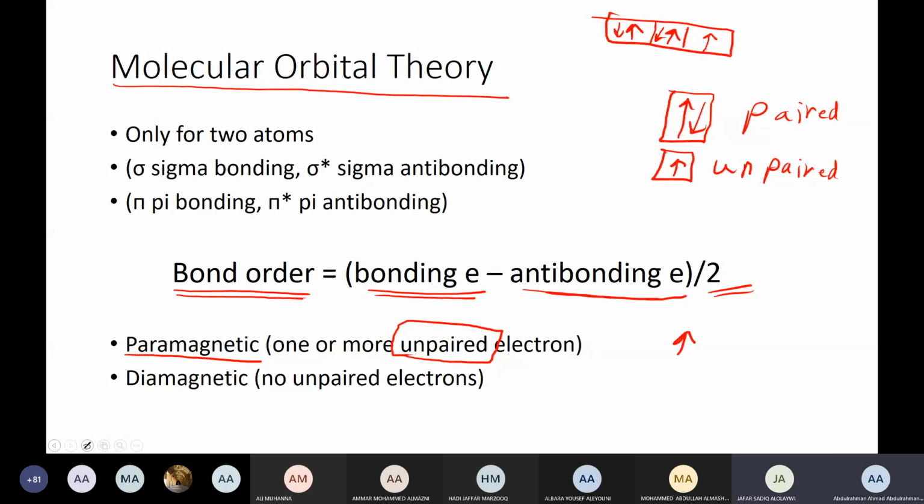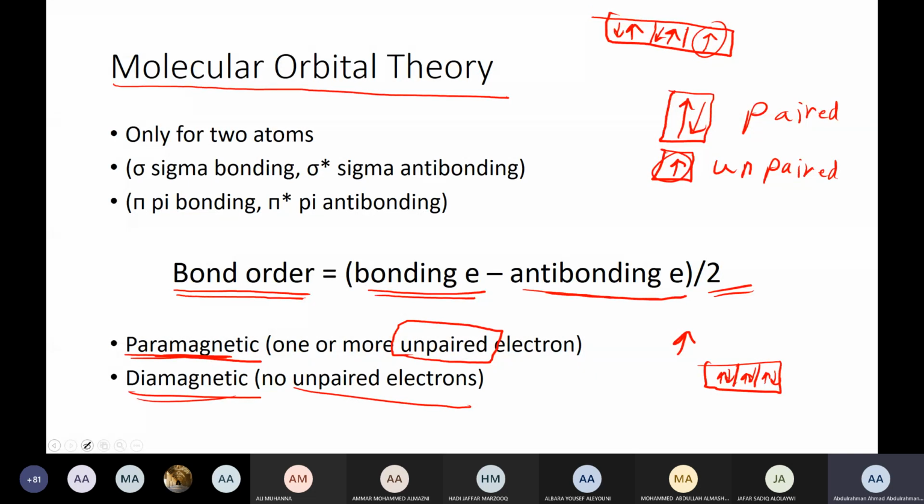You should know this: if there is 1 unpaired electron or more, this is called what? Paramagnetic. Memorize it. And if there are no unpaired electrons, they are all paired, like this one, this will be what? Diamagnetic. You must memorize the names.